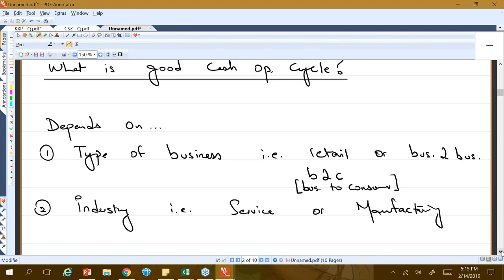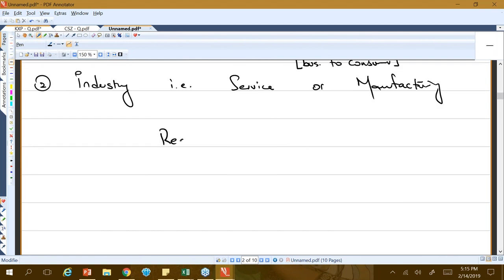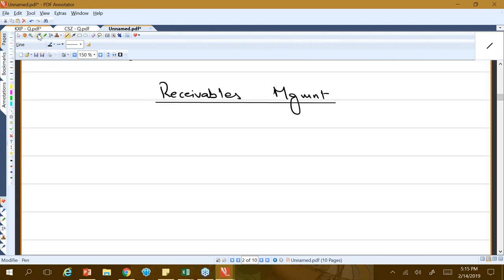Now, next thing, we need to step into a bit of receivables management. When we think of receivables management, there is a key calculation that we need to get right.